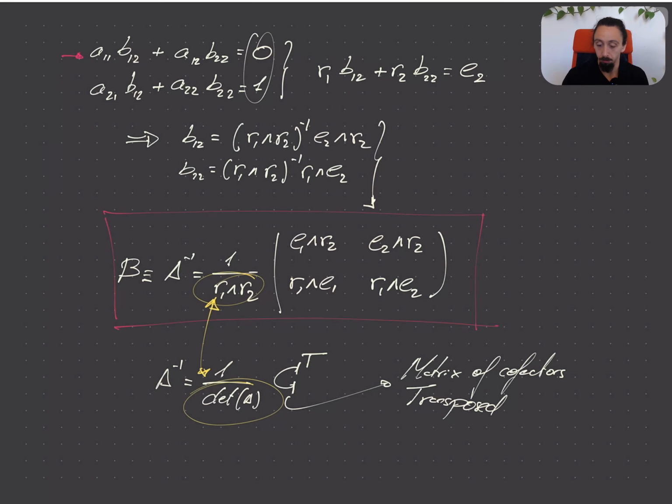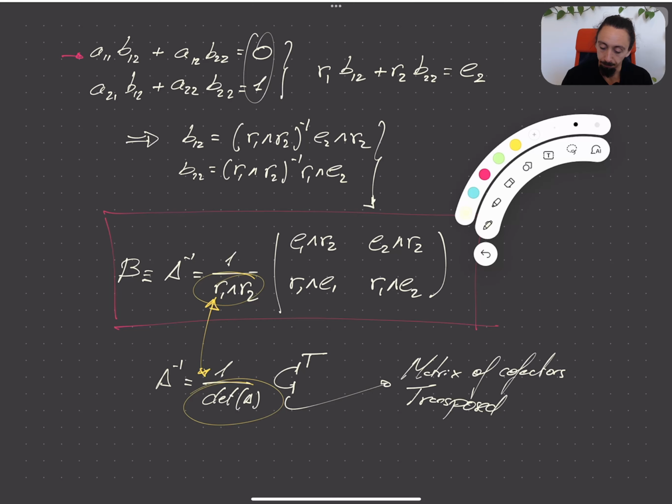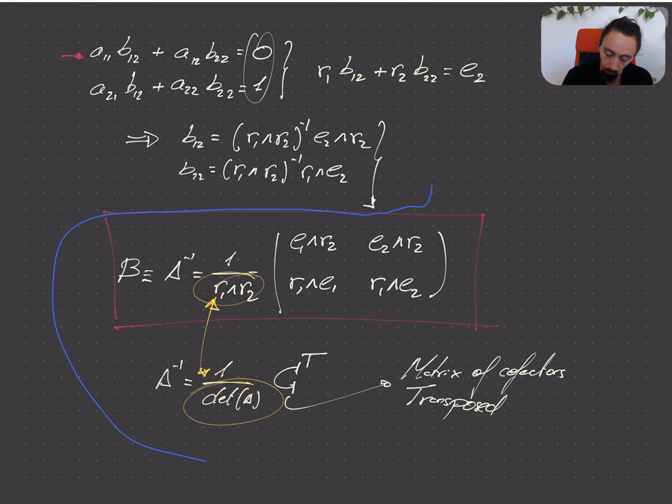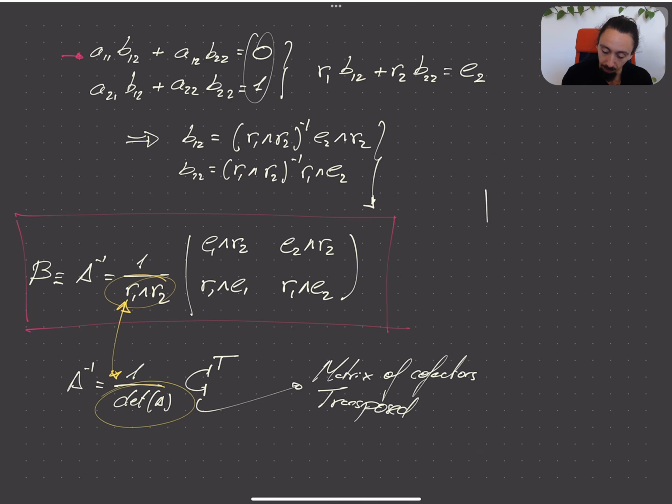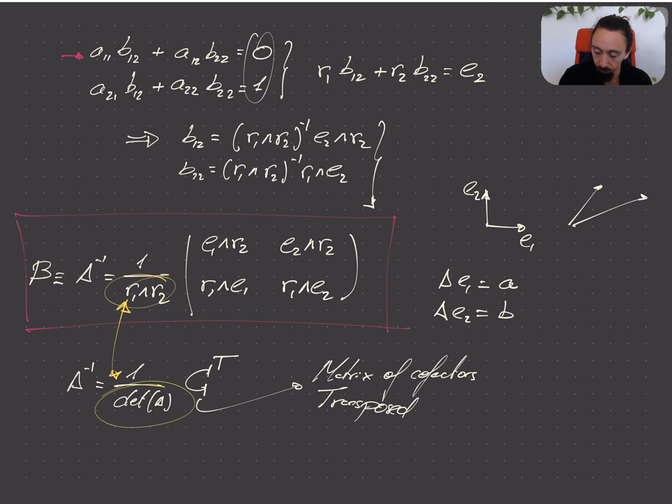let's make a picture of this. So if you have a two-dimensional space, let's make a space here on the right. If we have an orthonormal basis E1, E2, and now you apply a matrix A to E1, and this gives you a vector A, and apply the matrix A to E2, and this gives you a vector B, which in general will be different to what you had before.